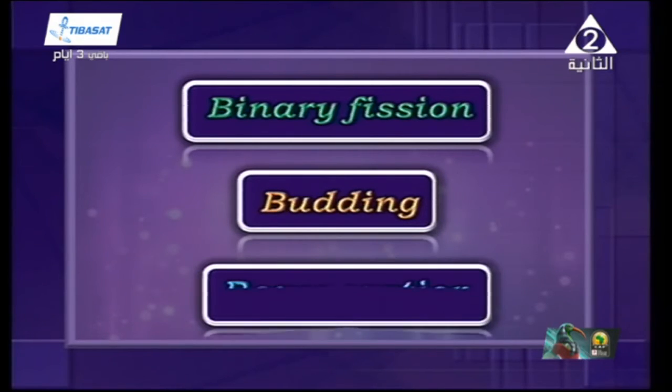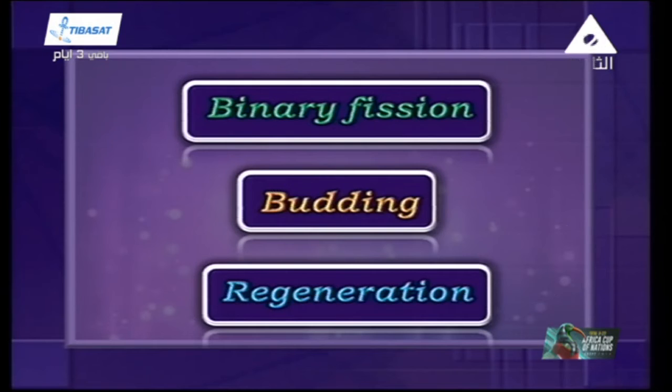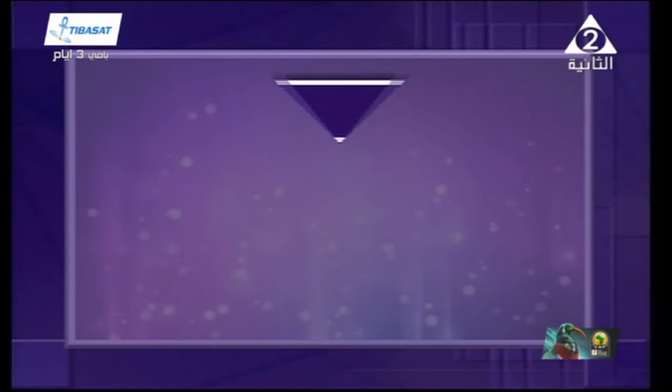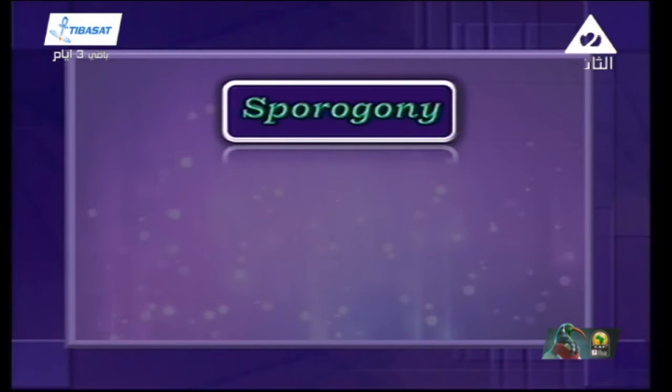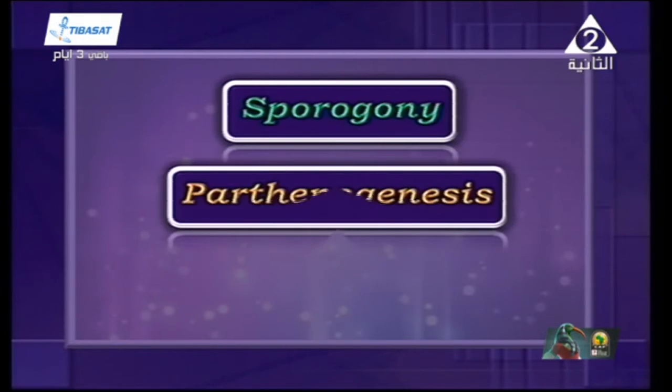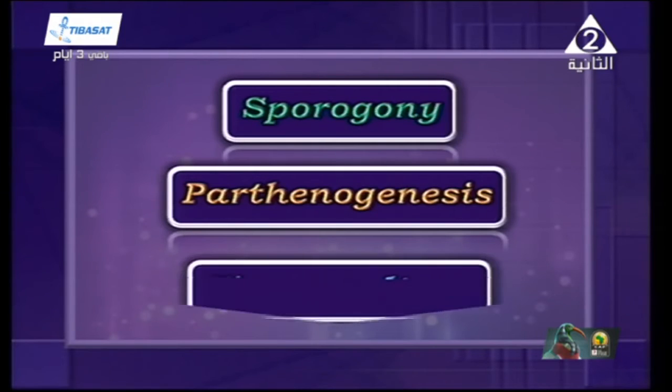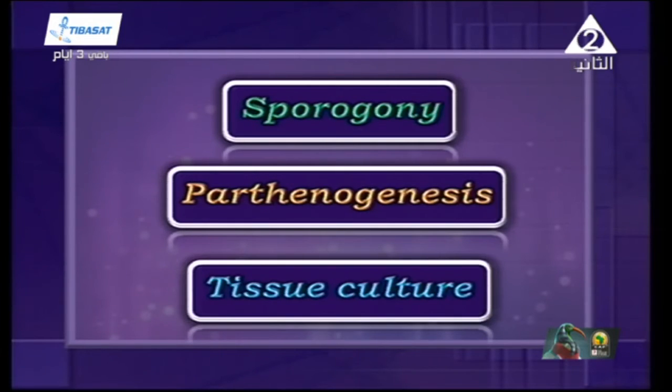Number 3, regeneration. Don't worry, I'm going to discuss each one by one. Number 4, sporogeny, number 5, parthenogenesis, and the last one is tissue culture. We do it in plants.